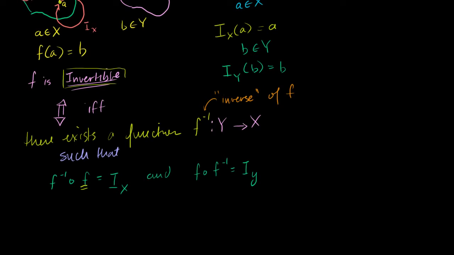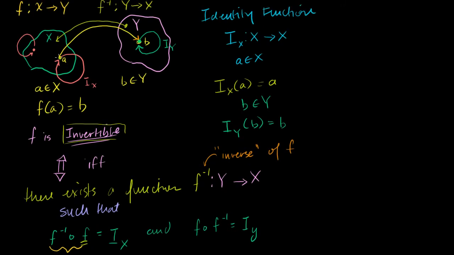So this composition is going to be a mapping from x to x, which the identity function needs to do. It needs to go from x to x, and they're saying this equals the identity function. So that means when you apply f on some value in our domain, and then you apply f inverse to that point over there, you go back to this original point.